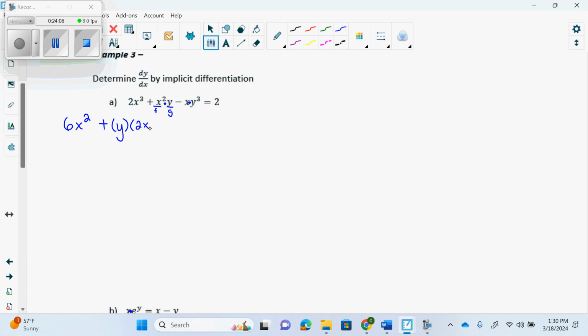I don't have to follow behind by a derivative because I didn't take a derivative of a y yet. Yes? So that's g f prime plus f g prime. What's the derivative of y? 1. And then because I took a derivative of y, I have to follow behind with dy over dx. So that's just the product rule of that first one.